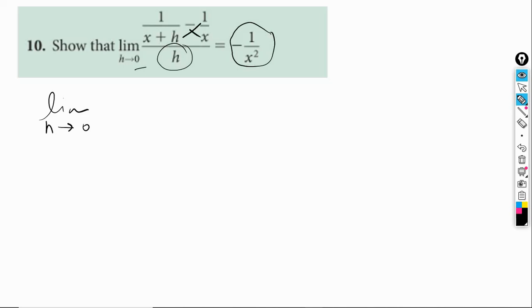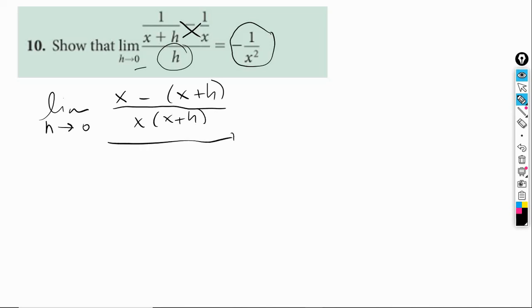Let's go cross multiply this. So this would be x minus, and here it's important to use parentheses just to not forget to change certain signs. x plus h, and this divided by x times x plus h, and we still have this dividing h.